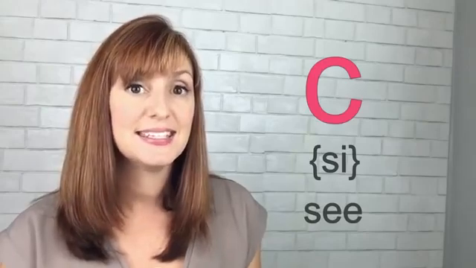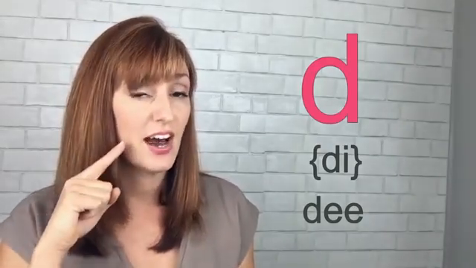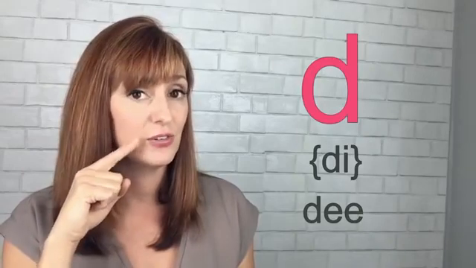C. D. Again, the E vowel sound. If you just hold that sound a little longer, give it a little stretch, and start first with the tongue up behind the teeth to the alveolar ridge for the D sound.